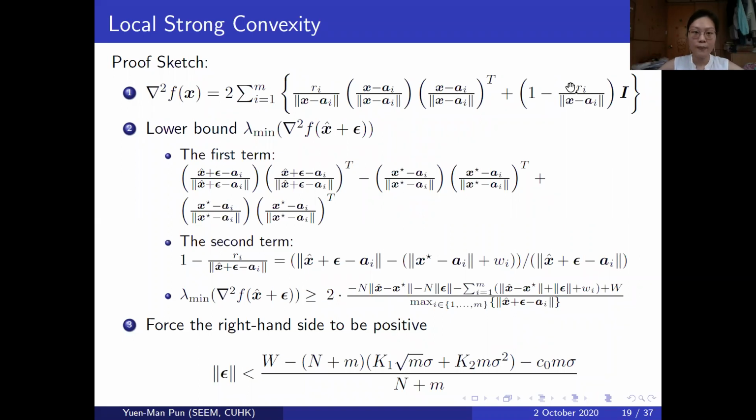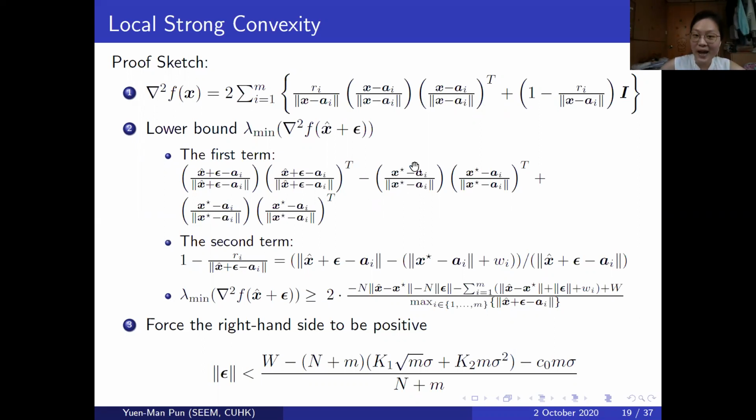Because we also want to prove that the Hessian is PD for vectors near the MLE, we simply plug x hat plus epsilon into this Hessian formula. But we have no idea about x hat plus epsilon minus AI.